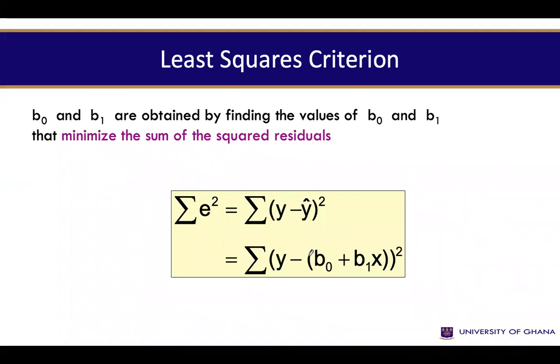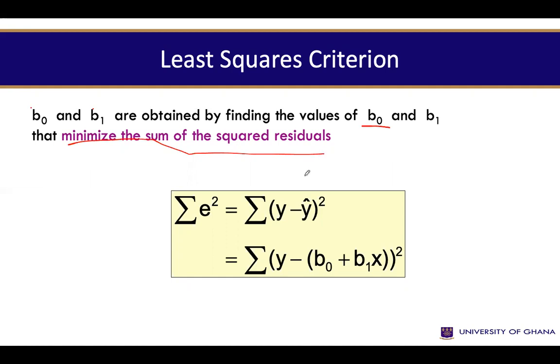As I mentioned, we are interested in minimizing the errors. So in obtaining B0 and B1, we obtain them in such a way that the errors are minimized. The B0 and B1 are obtained by finding values such that they minimize the sum of squared residuals, or the sum of squared errors.